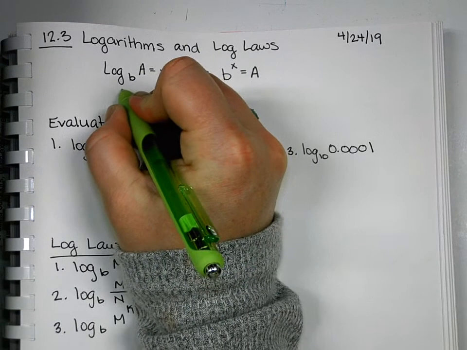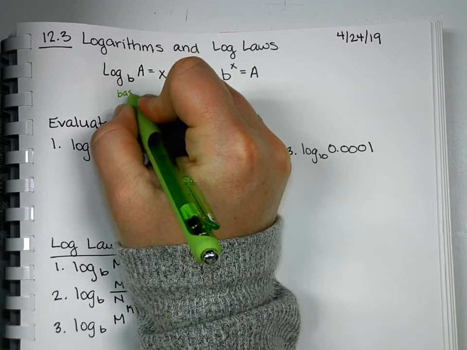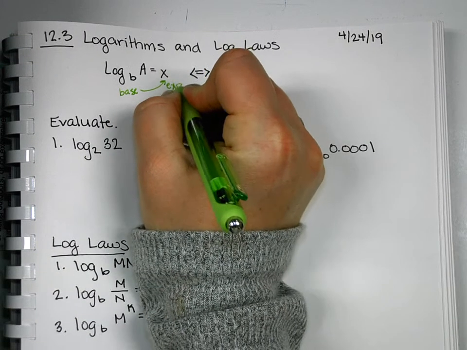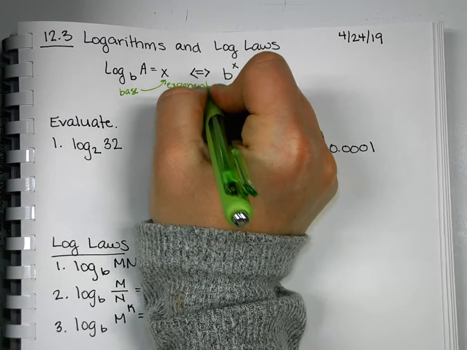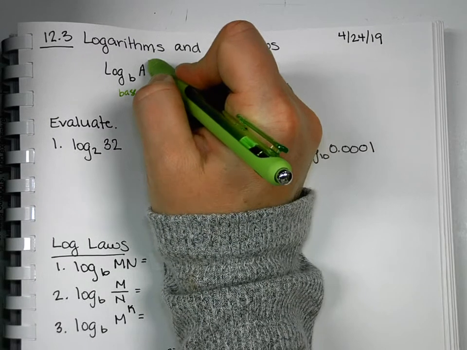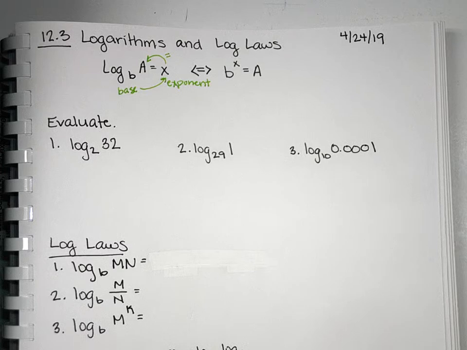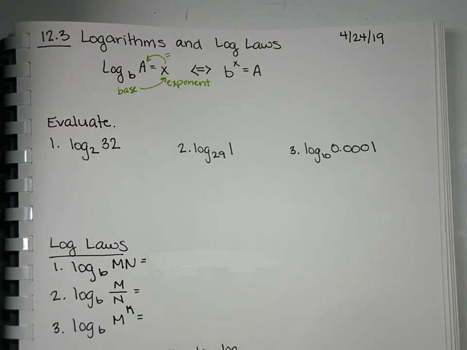So b is your base, x is your exponent, a is what it equals. And it has this circular pattern, so when you're trying to rewrite, one of the things you can do is follow this circular pattern.